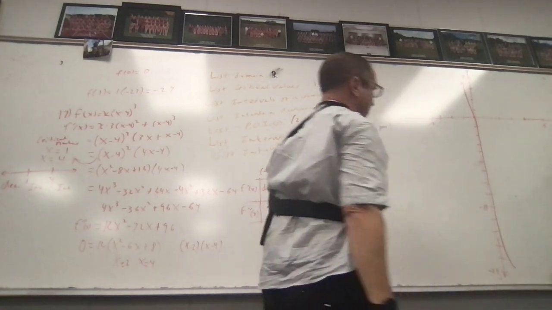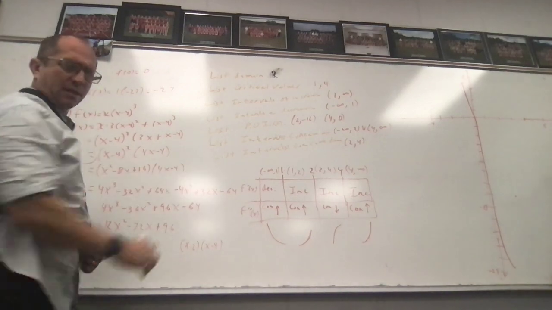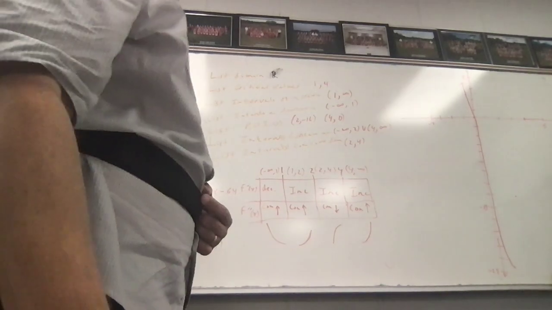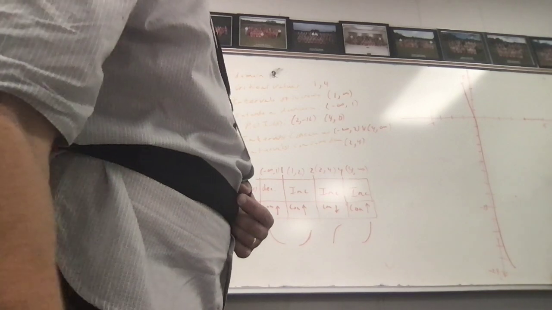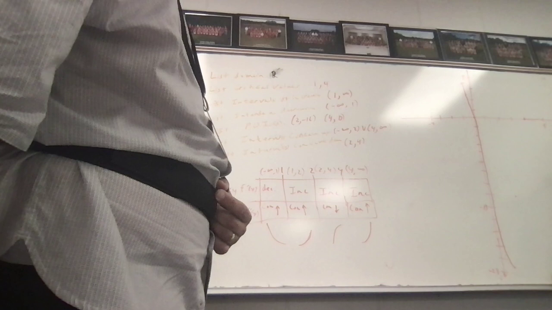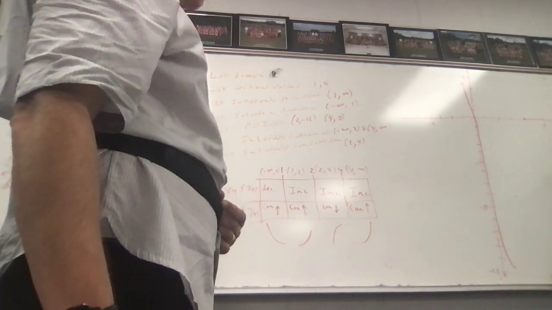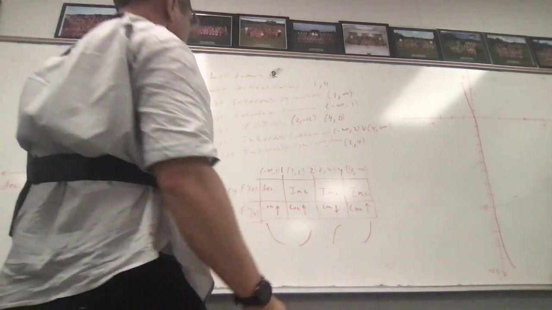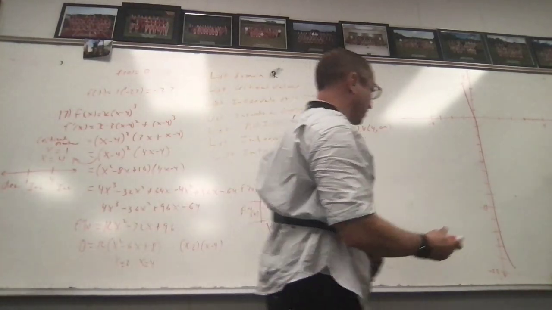So it's got to do something along those lines. So that's what decreasing and concave up looks like. Now from 1 to 2, I start increasing, but I've turned into concave up. Well, it's been concave up though, hasn't it?